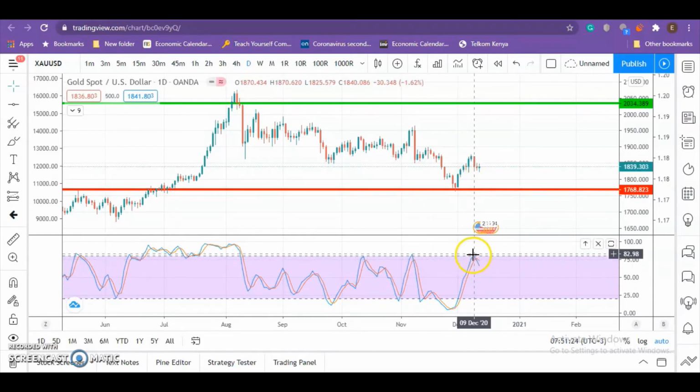But now let's wait on it. The fundamentals today might push it even higher, but let's wait on it instead of it going lower. So that's some of the things you need to look out for.